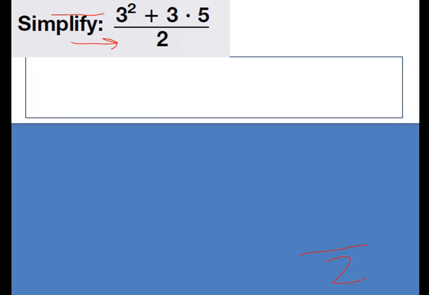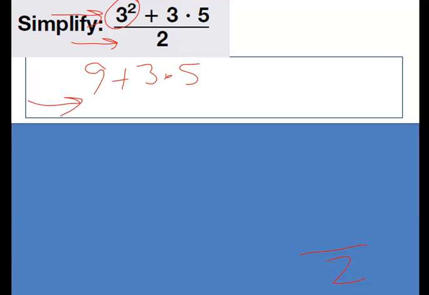So we're going to start right up here on top. We're going to go from left to right. We don't have any parentheses, but we do have an exponent right here. So we're going to do that first. And 3 squared means 3 times 3, which means 9. So now we have 9 plus 3 times 5, all divided by 2.